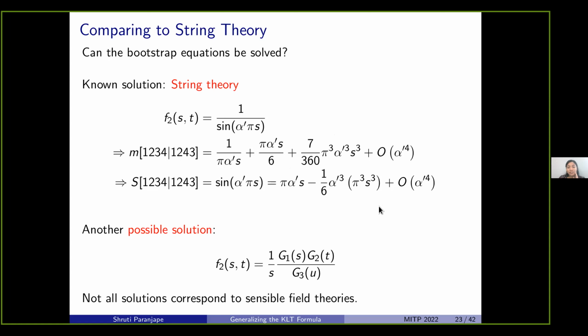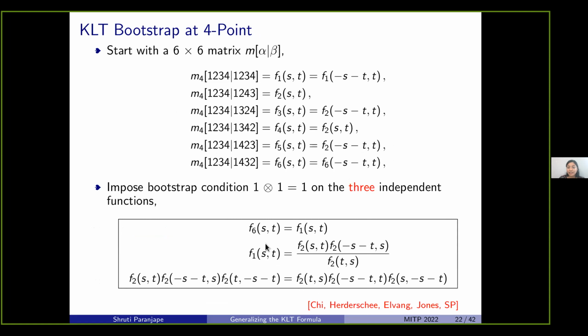Another possible solution is actually anything of this form over here. Now, this is interesting because it means that not all solutions correspond to sensible field theories. So just because I can satisfy this condition over here doesn't mean that F2 will correspond to a 4-point scattering amplitude of a sensible bi-adjoint scalar theory.